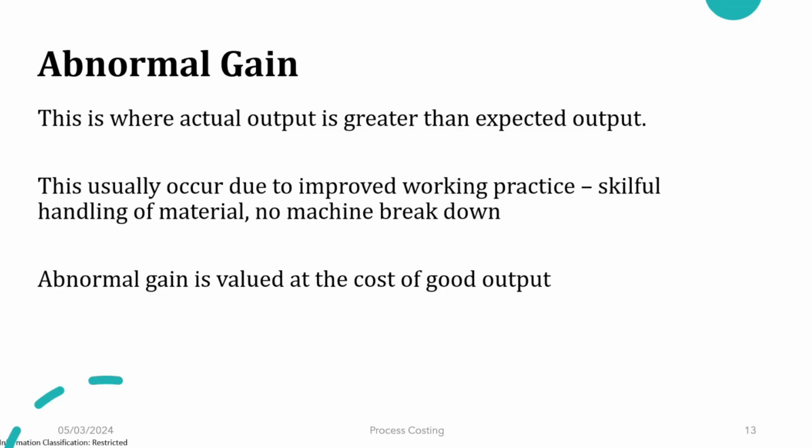Unexpected favorable outcomes would count as abnormal gains. This represents a situation where the process experiences less loss than the expected normal loss. Sometimes there are indicators of efficiency as well. So maybe the manufacturer becomes more efficient, like producing a larger amount of output using the original amount of materials.